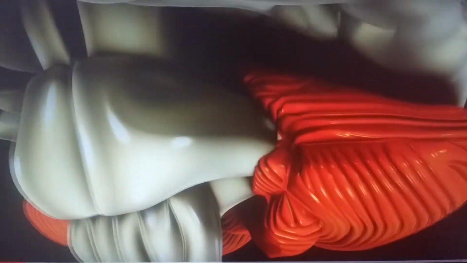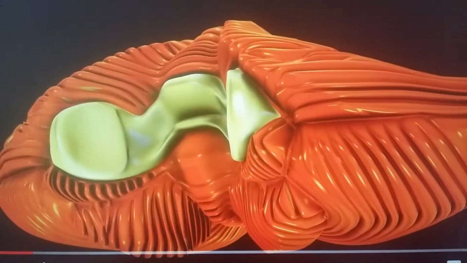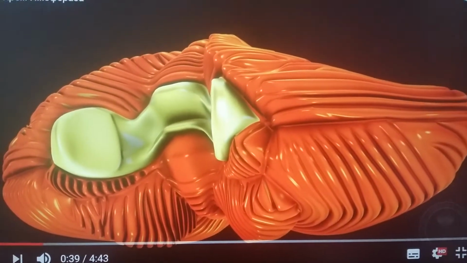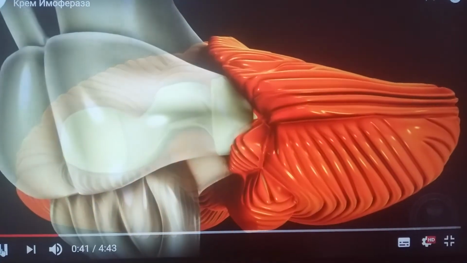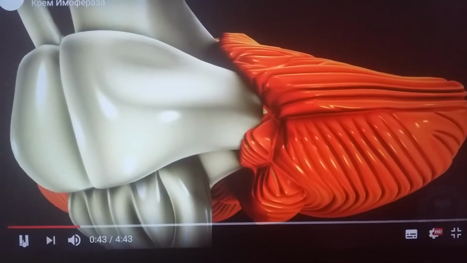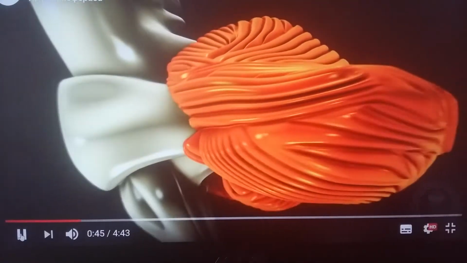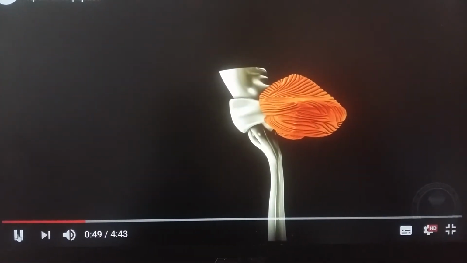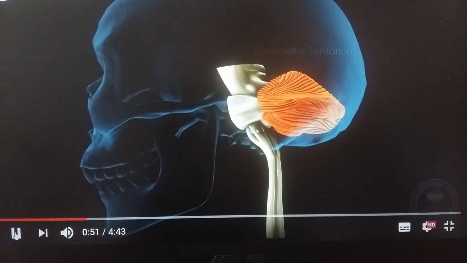The cerebellum is a central nervous system organ located directly behind the brainstem. It occupies the posterior cranial fossa below the cerebellar tentorium.